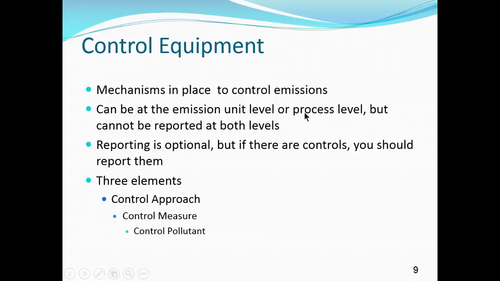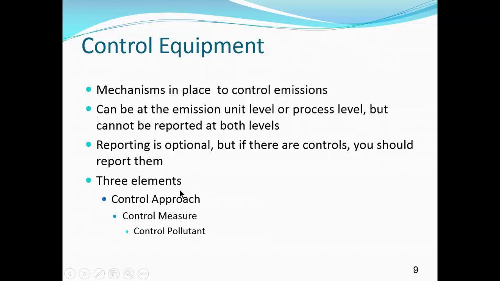But you can't have control equipment at both the emission unit level and at the process, because that would be double counting the reduction in emissions. A lot of times people have control equipment that isn't working. So you don't necessarily have to report control equipment unless you have the information and you know that it's working.